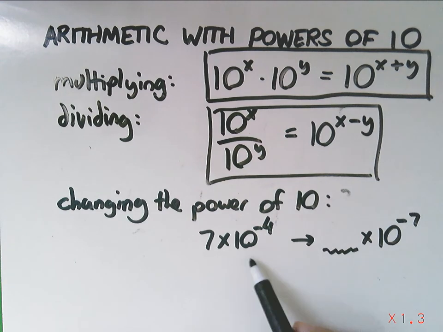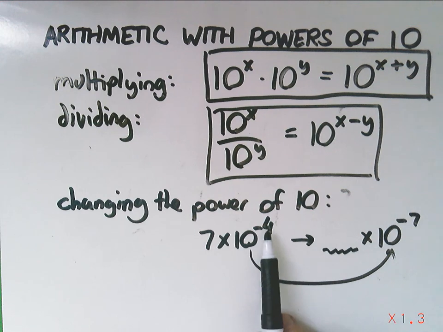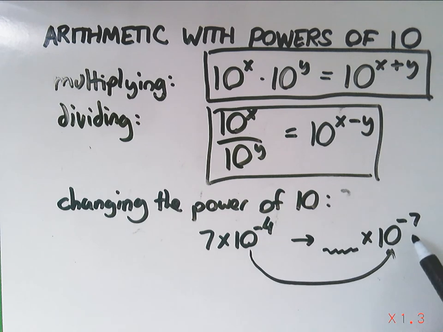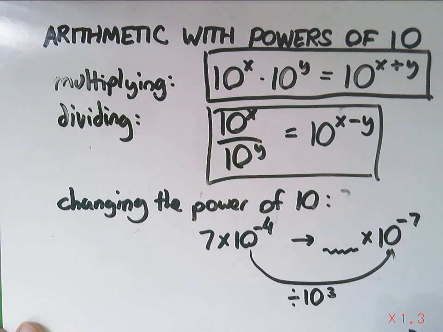So I want to find out what I need to put there. All right, now let's think about what we did to the power of 10. It went from -4 to -7. And that's like it went down. The power went down by a factor of 3. So it's like I divided by 10 to the 3, right? Because if I had this 10 to the -4 over 10 to the 3, that would be 10 to the -7.